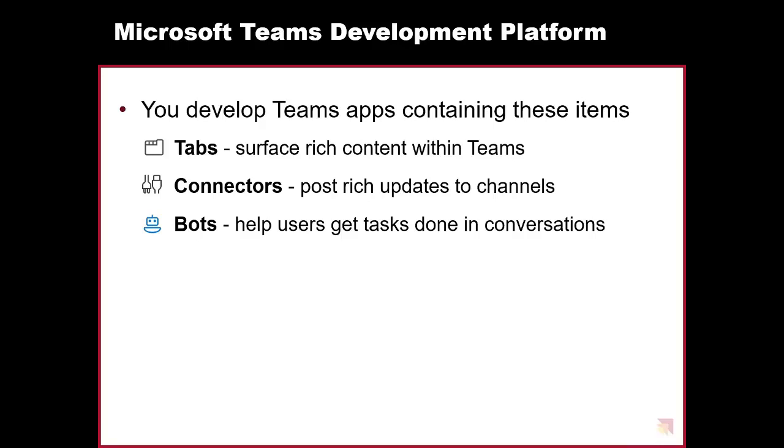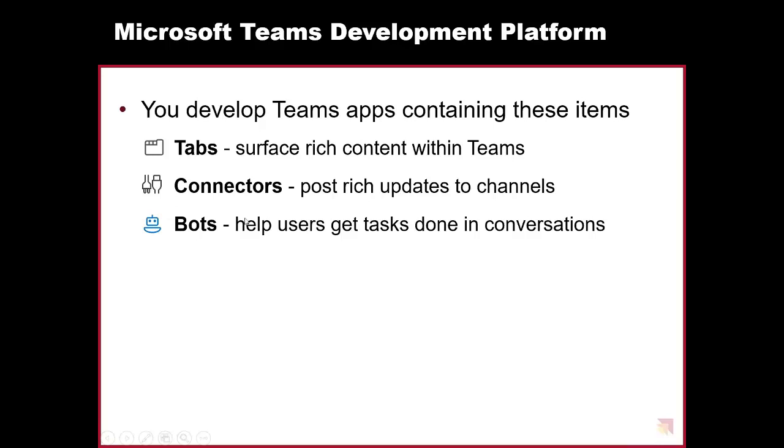You can also run server-side code, whether it's ASP.NET, ASP.NET MVC, or ASP.NET Core, that fills the tab, or you could go with all client-side code. And then there is a JavaScript library, the Microsoft Teams JavaScript SDK, that you put behind your tabs so that the code that runs in the tab can get contextual information. And we're going to see that.